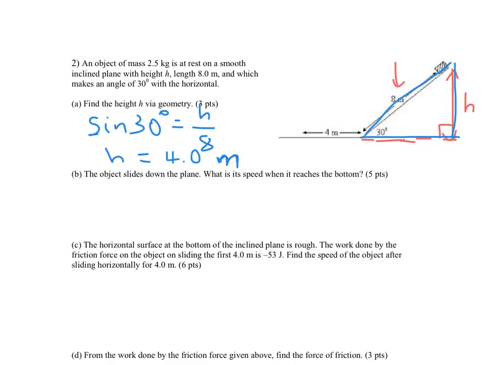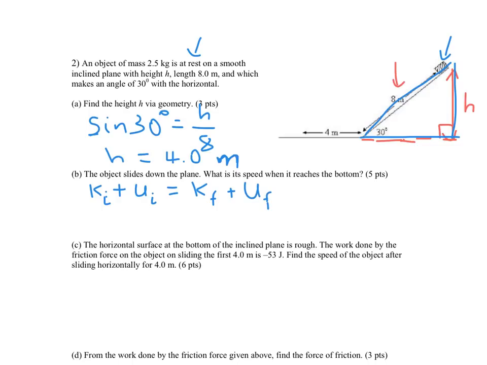Okay, part B. It says, the object slides down the plane. What is its speed when it reaches the bottom? Now, it is at rest on the inclined plane. So it is starting at rest at this point. What is its speed? Okay, once again, the easiest way to do this is through energy conservation, which states that the kinetic energy at the top, so I call that initial, plus the potential energy at the initial point is the final kinetic energy plus the final potential energy.